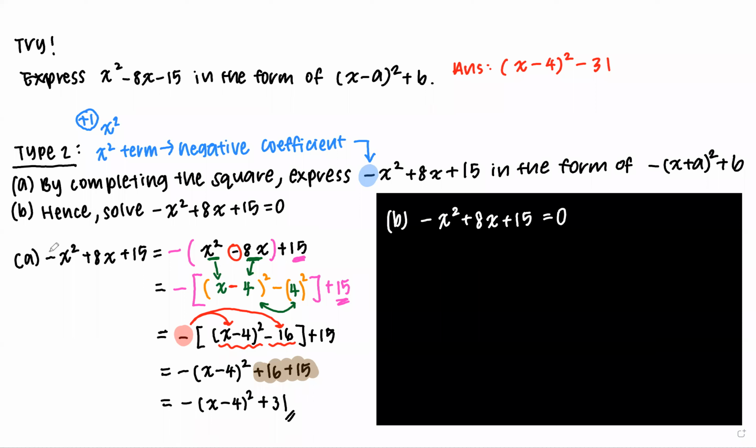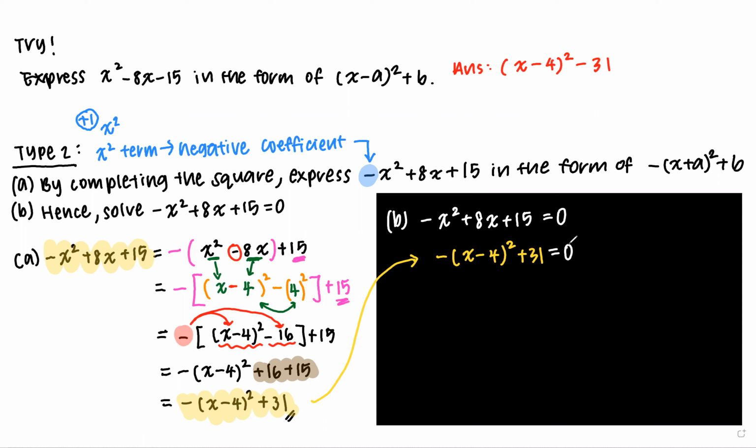Do you realize that I made this whole thing? It has a final answer of what? This thingy, right? Correct? So this thingy, I just literally copy, paste in yellow. Copy, paste. So it'll be minus x minus 4 squared plus 31 will give me equal to 0, right?